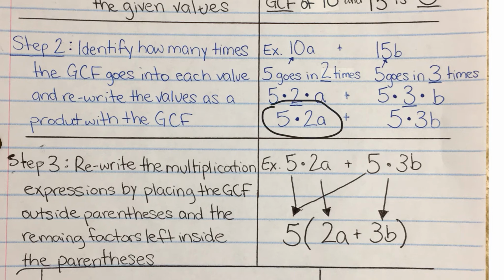We had 5 times 2a, 5 times 3b. We took the GCF out of that, took out our 5. We put it on the outside of the parentheses down here. And then what was left over, the 2a and the 3b, plus sign in between, we brought those down inside the parentheses. So we have 5 times (2a plus 3b).